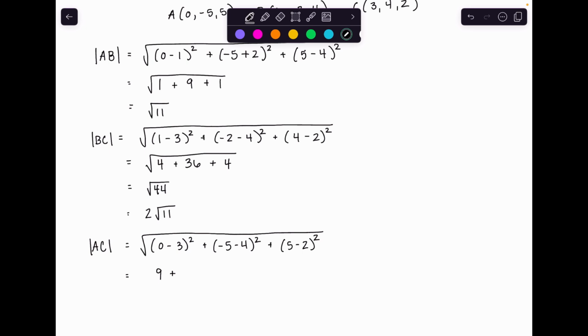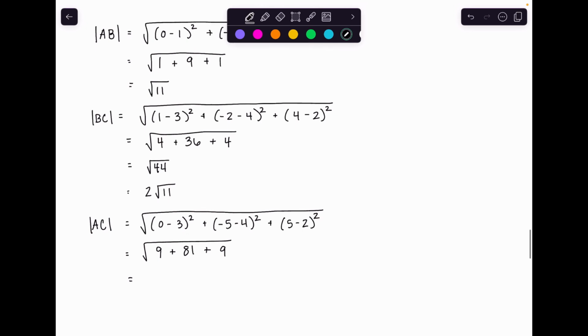Then negative 5 minus 4 is negative 9. Squared will be 81. 5 minus 2 is 3, so squared is 9. 9 plus 81 is 90. Add another 9 to that, and that is root 99. So breaking that down, that's 9 times 11. So this pops out as 3 root 11.